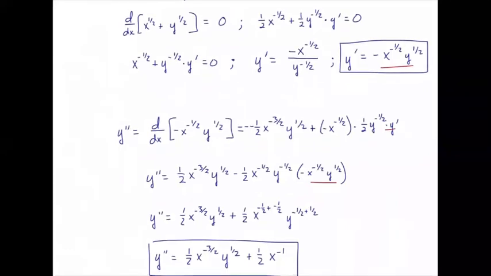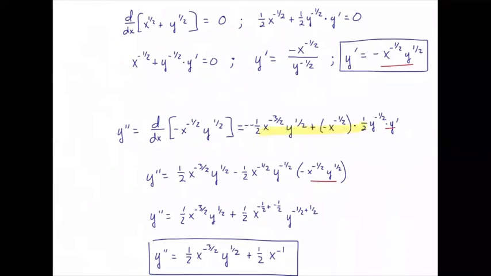Now, y double prime, what is this? Really, the only thing we've done here is we've written all of this down again, maybe cleaned up some parentheses, and then swapped out y prime for this term. It looks like there's some simplifications that are done here. y to the 1/2 times y to the negative 1/2 is going to be y to the 0, which is 1. See that happening here.